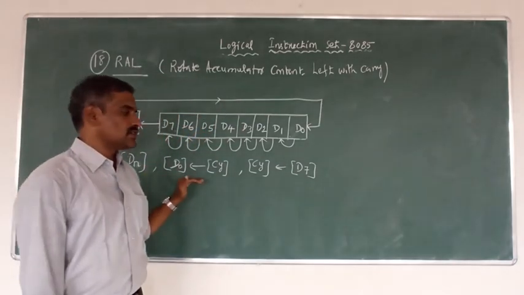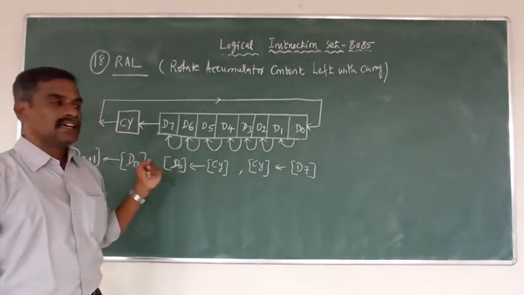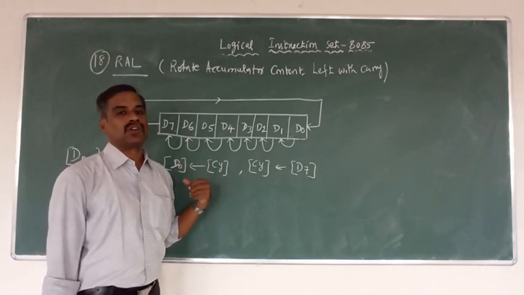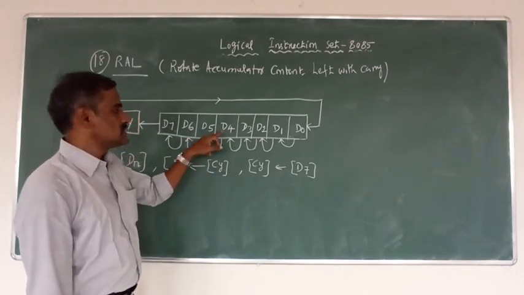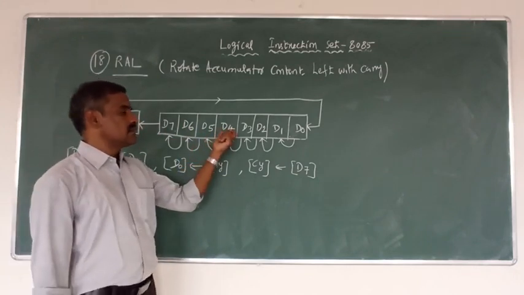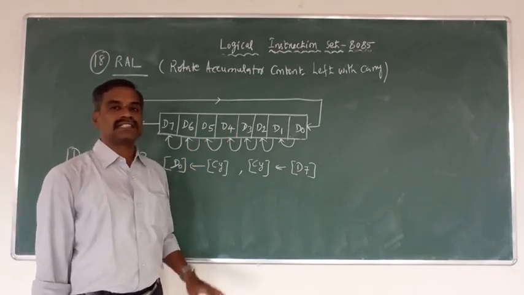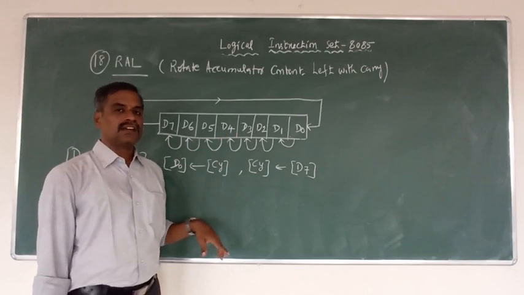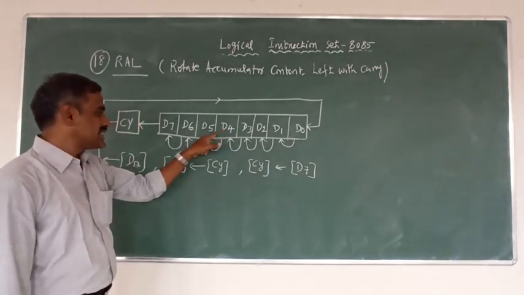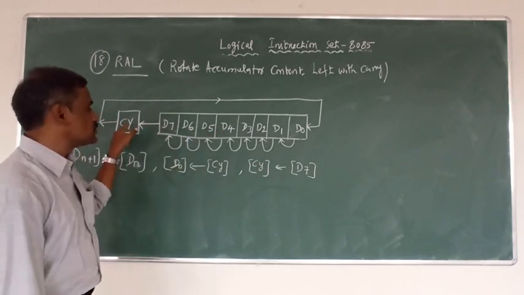What purpose are we using this for? It will check whether a particular bit position is carry or not. Suppose the D4th bit data, whether it is 0 or 1. For that we have to rotate the D4th position to carry.